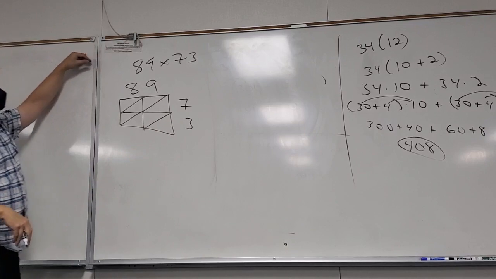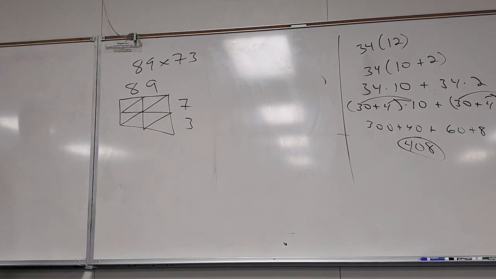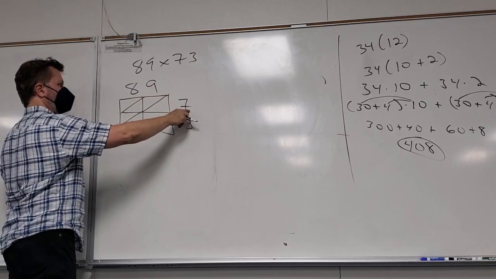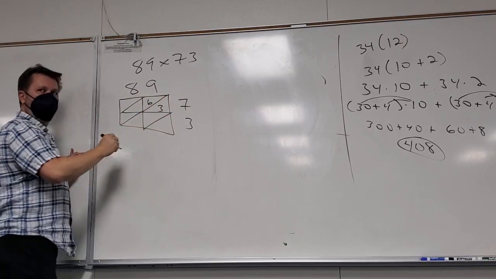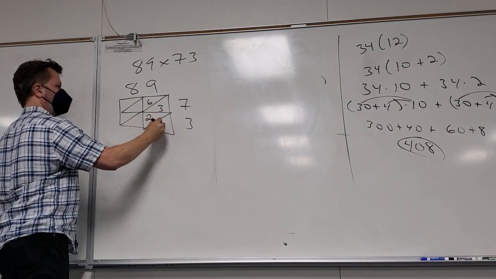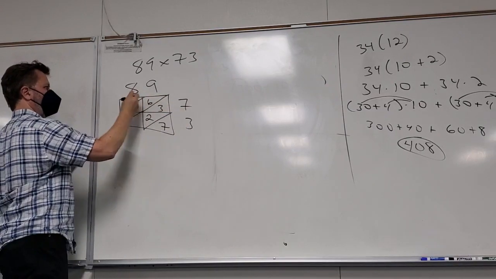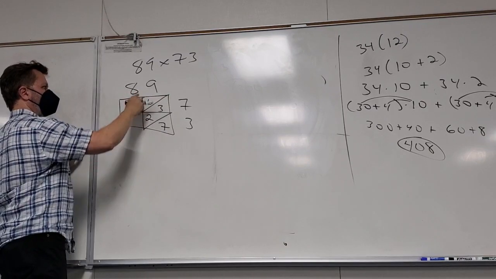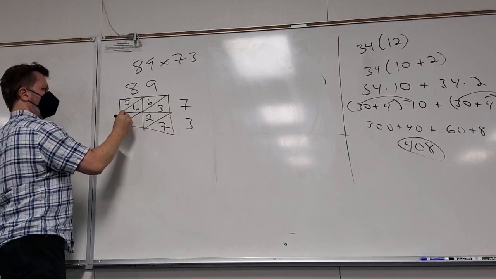I'm not going to spend a ton of time on this. What's 9 times 7? 63. 9 times 3, 27. 8 times 7, 56. And then 8 times 3, 24.